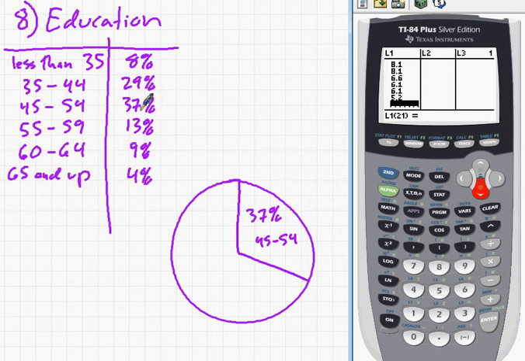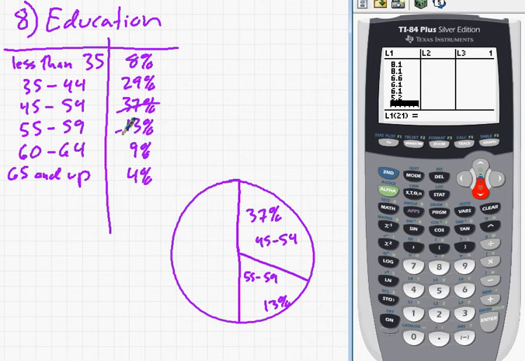Now I notice this next one, 13, well, 37 and 13 put together, well, that's 50. Well, that's very convenient, and it's the next pie piece here. I can just drop that right down, and here we have our 55 to 59-year-olds, which is 13%.